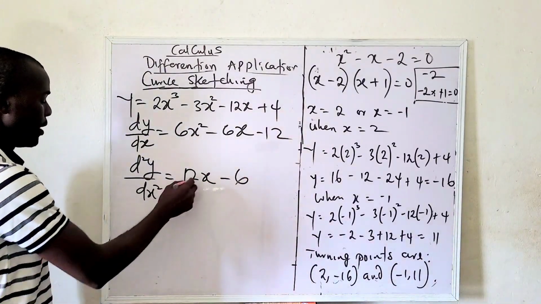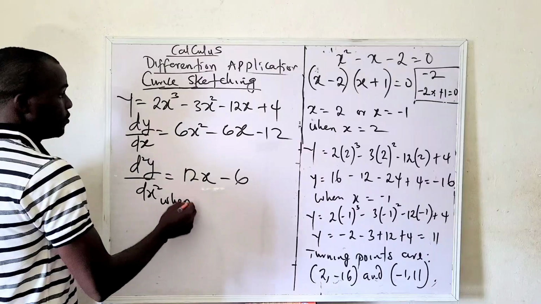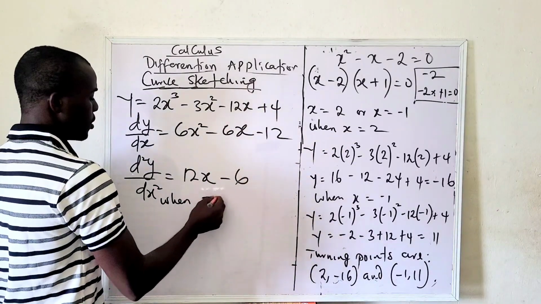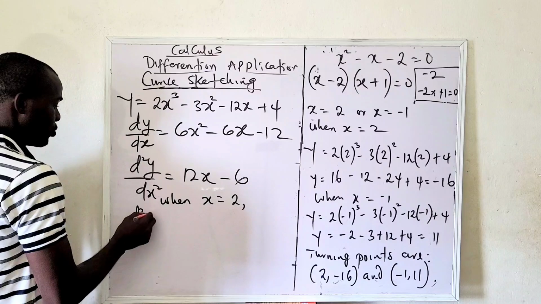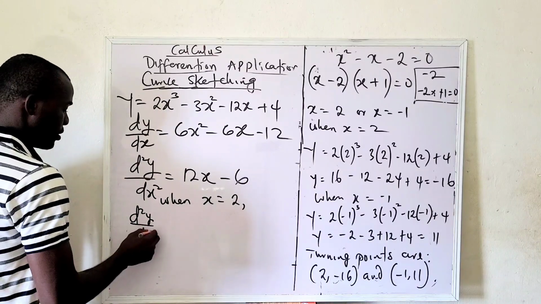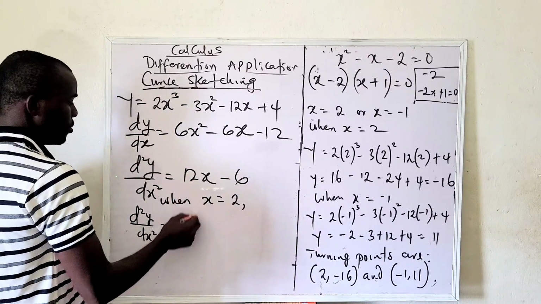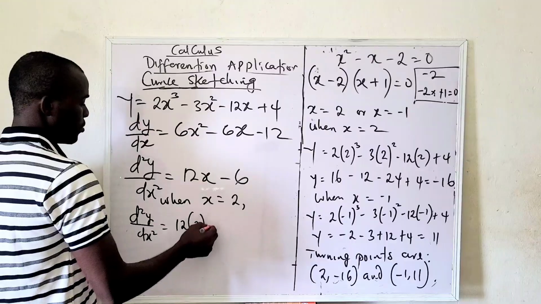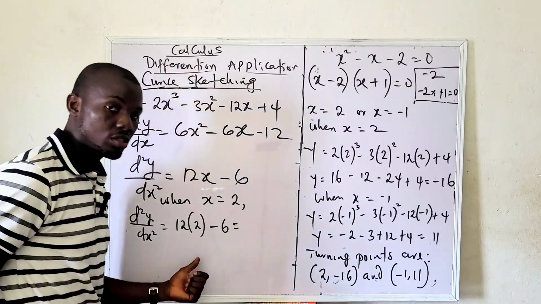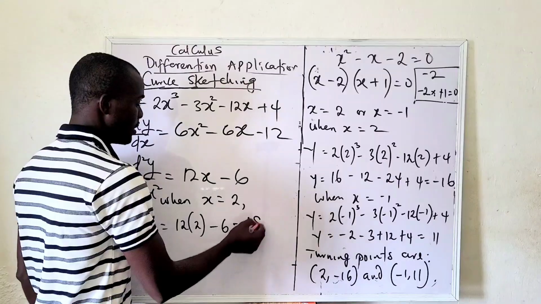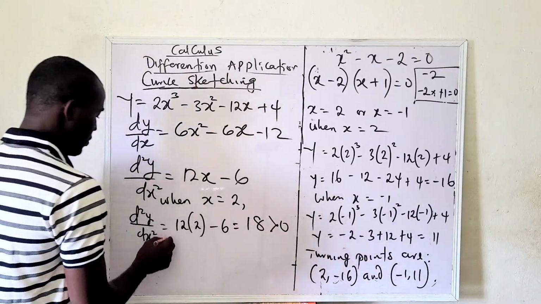All right. Now we plug in those values. When x equals 2, d squared y over dx squared will be 12 times 2 is 24, minus 6. This is 18, which is greater than 0.